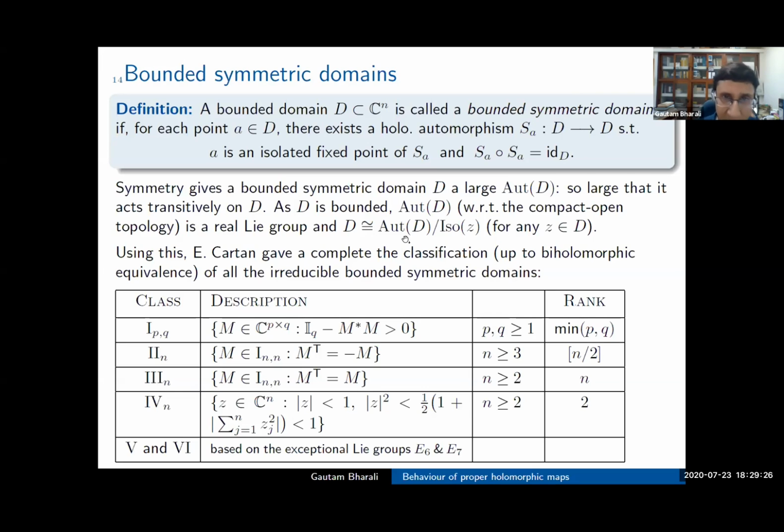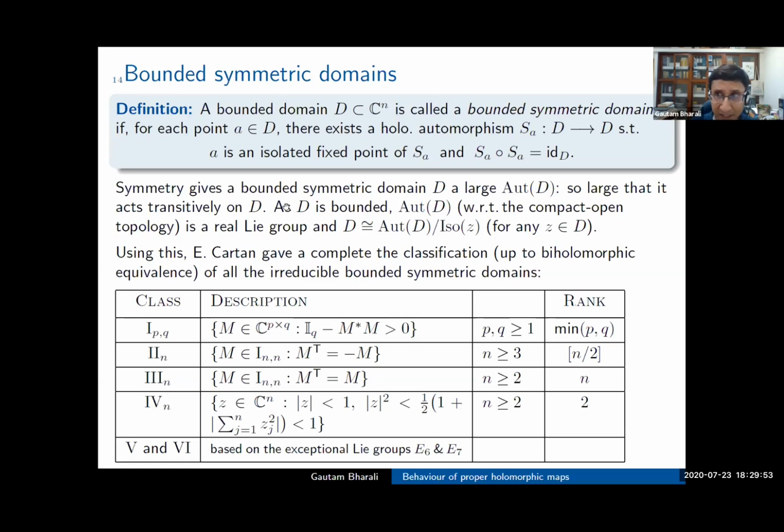Well, PSL2R would actually pick out only a very specific example, right? Which therefore would be relevant to the ball. But we need to work with this definition upstairs, right? That is the basis of our understanding as to how Aut(D) acts transitively.